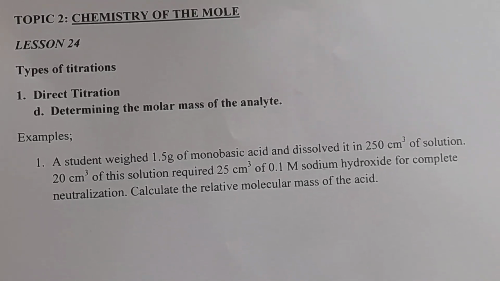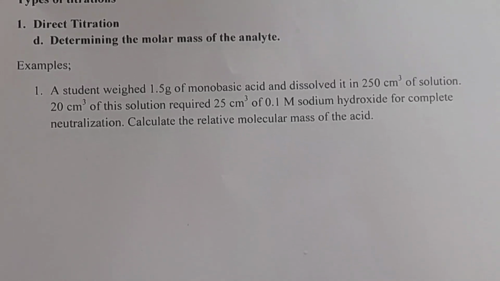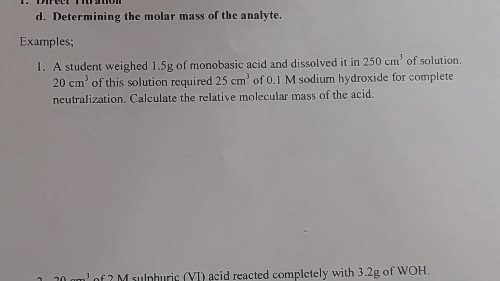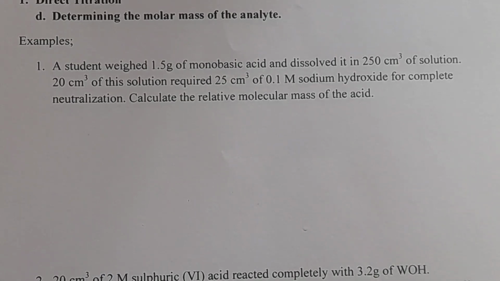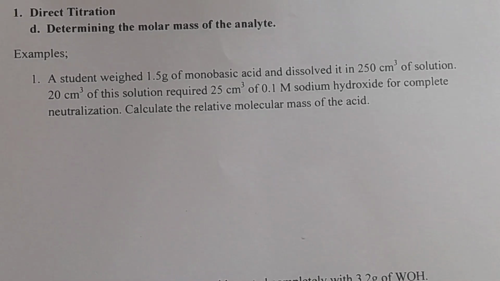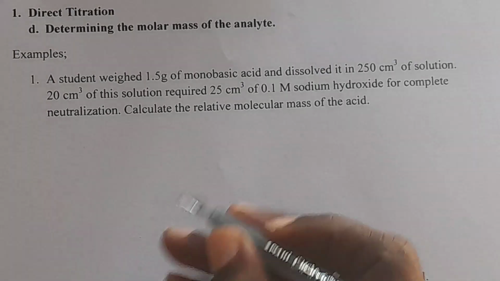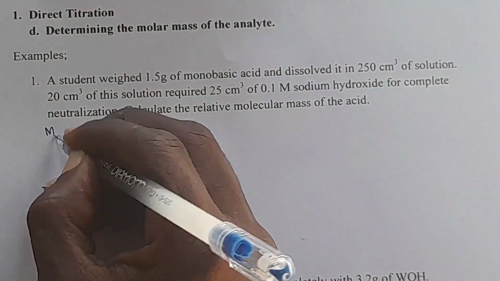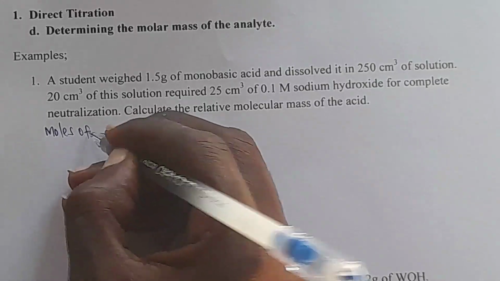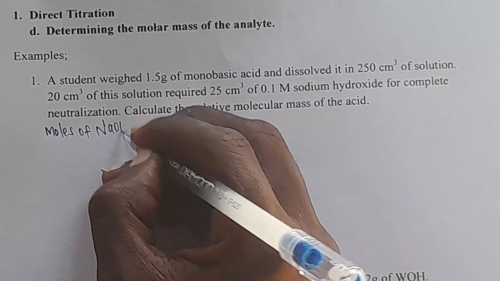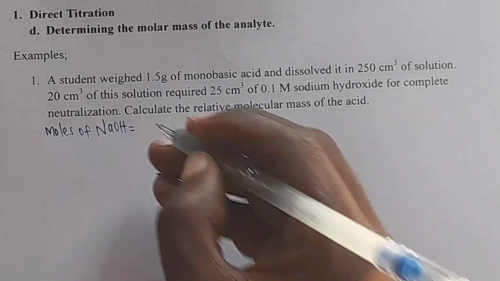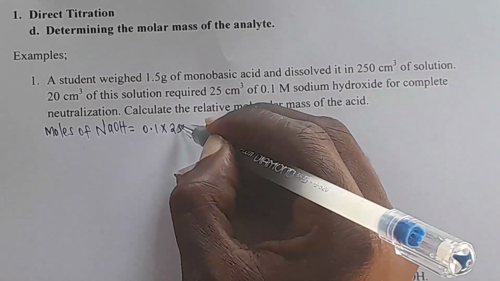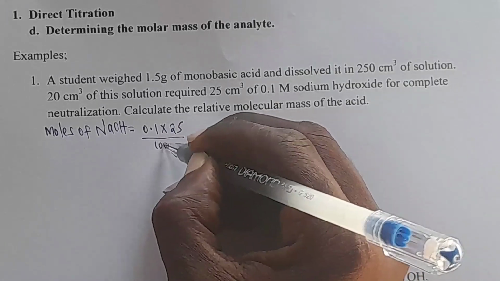that is sodium hydroxide. Remember, we have the formula for calculating number of moles: moles is equal to molarity times volume used over 1000. In our case, our molarity is 0.1. So we write the formula: moles of sodium hydroxide will be equal to molarity, which is 0.1, multiplied by volume, which is 25, divided by 1000.